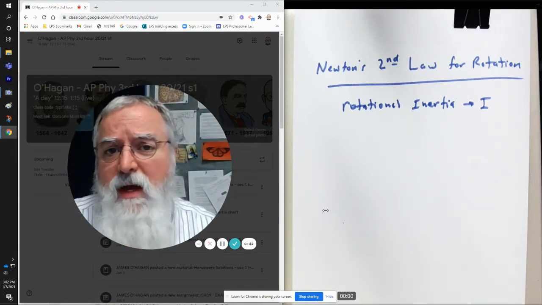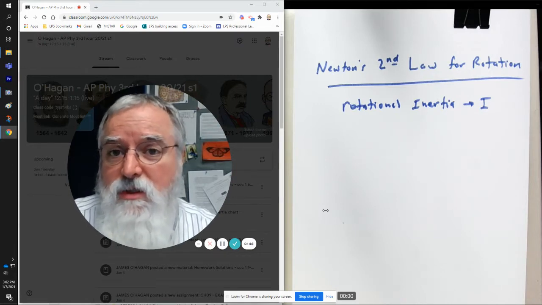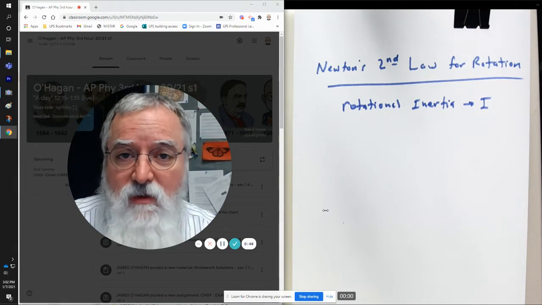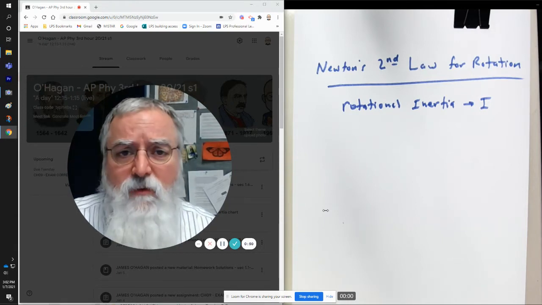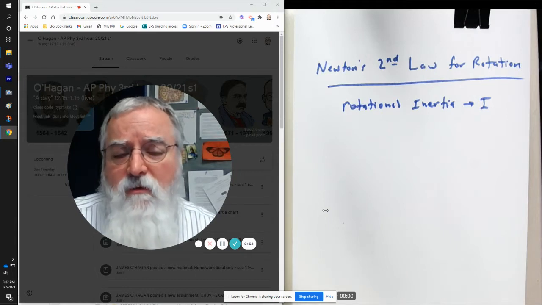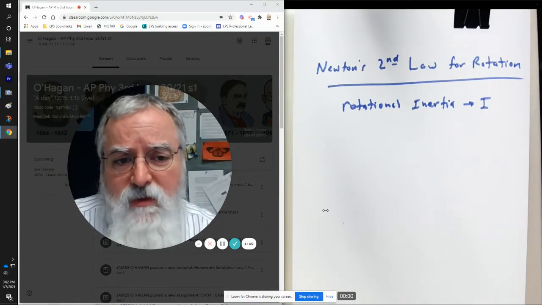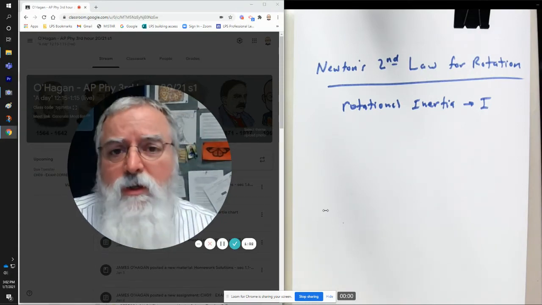It's a measurement of a rotating body's resistance to change in its angular velocity. Mass is a measurement of a translating object's resistance to changes in its velocity. So rotational inertia is rotational mass.